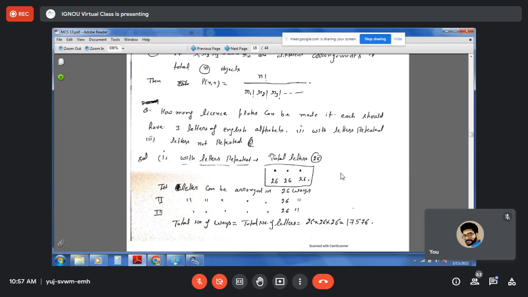Let me draw a rough diagram here. There are the 3 English alphabets, 1, 2 and 3. First case, with letters repeated. Letter repeated means one letter may come 2 times or 3 times, like Y, Y, Y, Z, Z, Y, A. How many alphabets are there? 26.